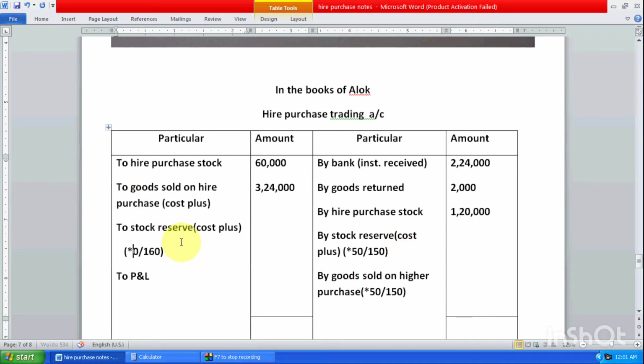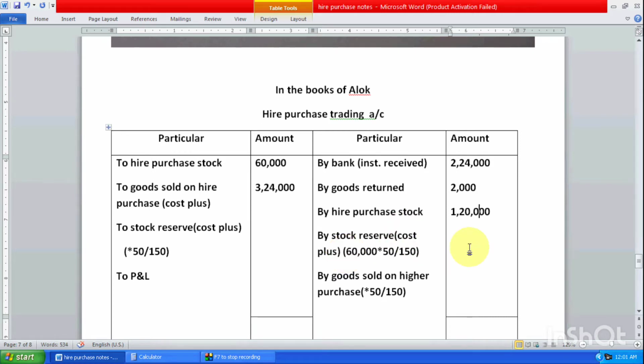So we have to calculate the 50 rupees, whatever it is, the 50% amount separately. For example, hire purchase opening stock is 60,000, which includes the extra amount. So 60,000 into 50 divided by 150, how much are we getting?